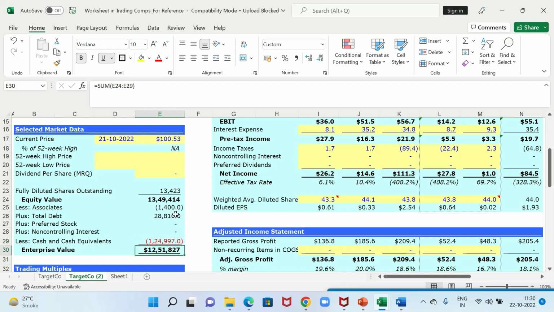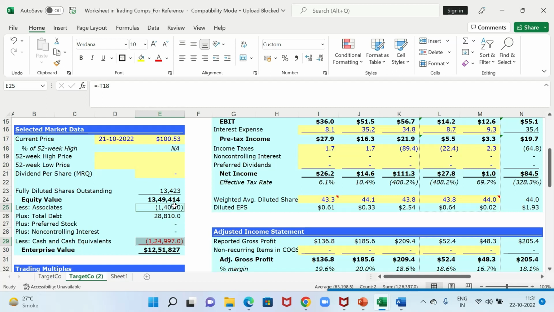So since my cash and cash equivalents are higher than my debt, my market cap में से वो subtract हो रहा है. Hence my enterprise value is lower than my equity value. Can my enterprise value be negative? Yes, it can be.